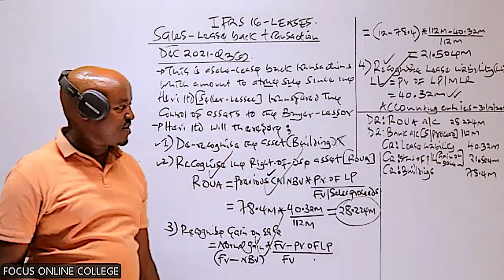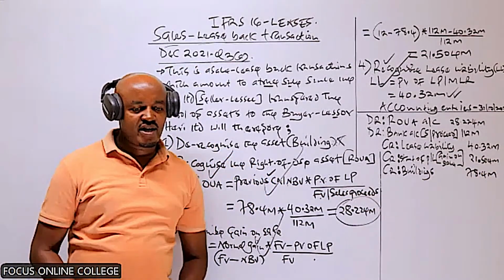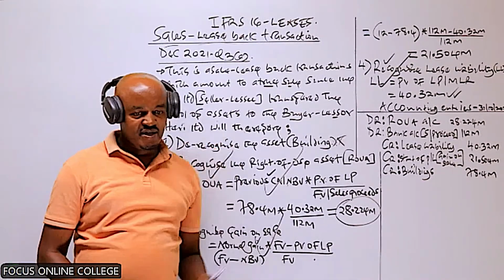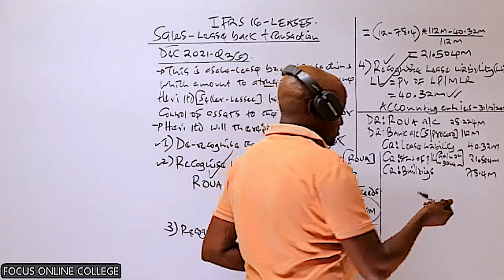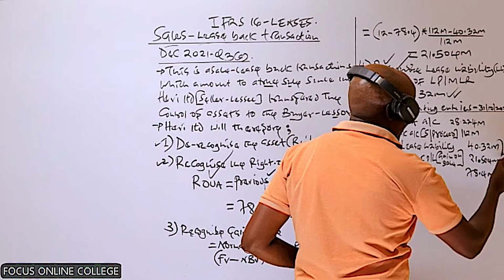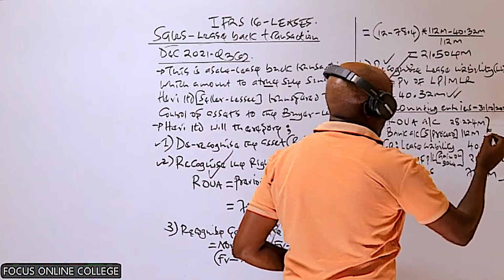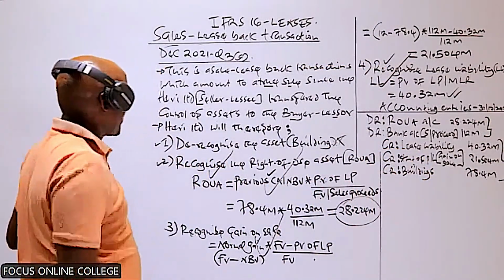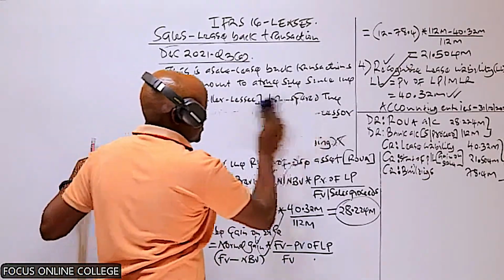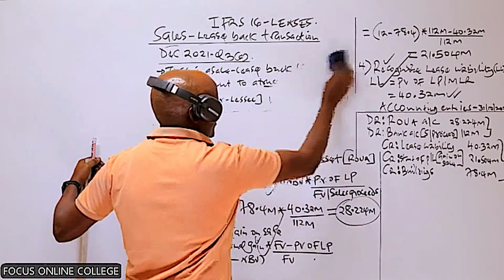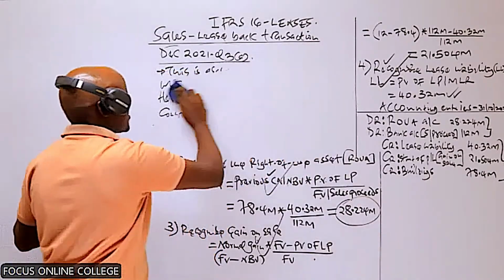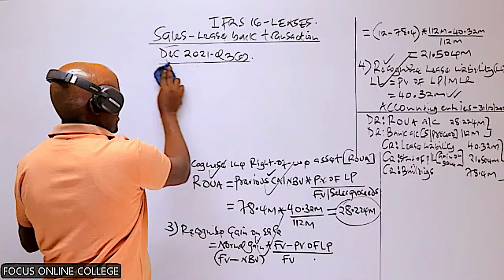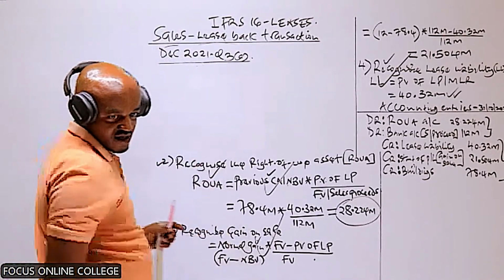Because whenever you're making an accounting entry, the amount debited and the amount credited should be the same. Is that the case?